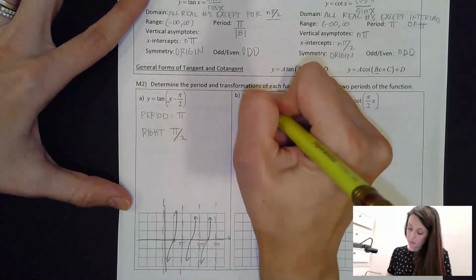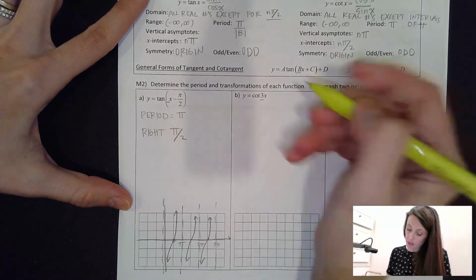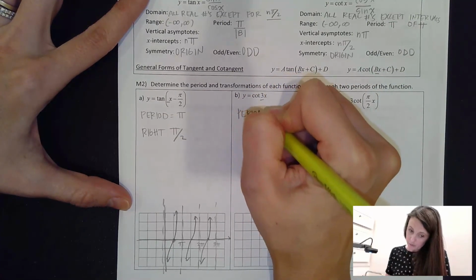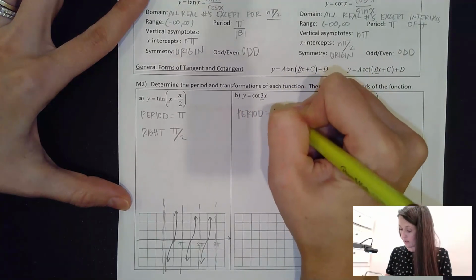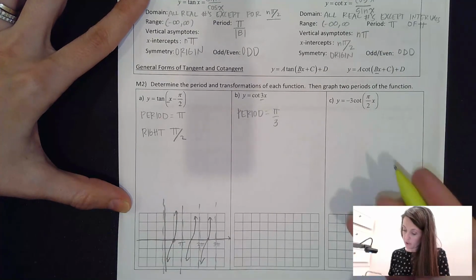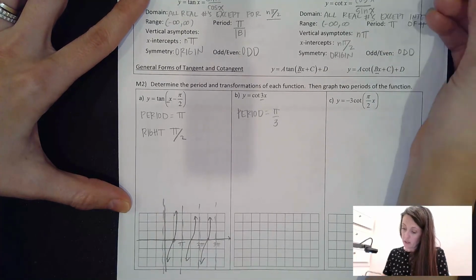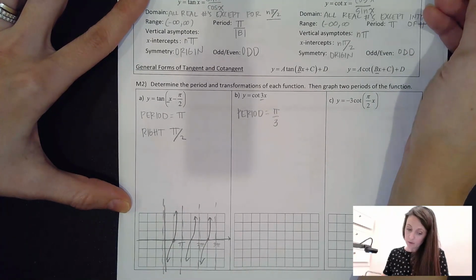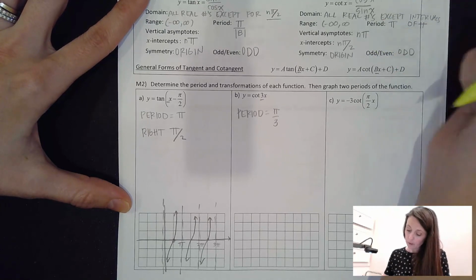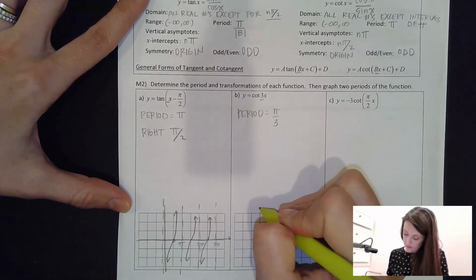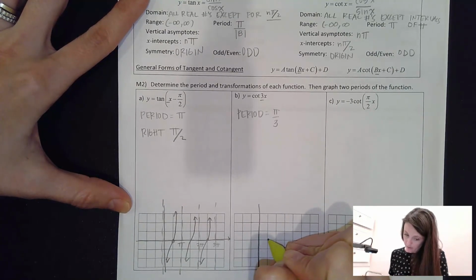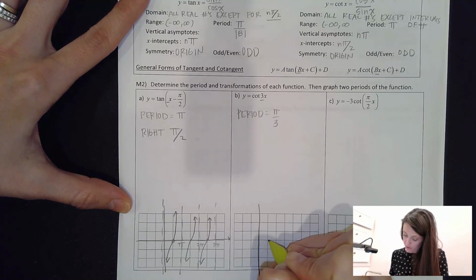Cotangent, so this one is cotangent of 3x, so the period here is going to be pi divided by 3. There is no phase shift, there's no vertical translation, so instead of going through a pi cycle, it's going to go through a pi over 3. So that would be here, this would be pi over 6.